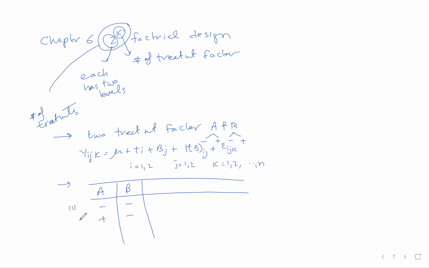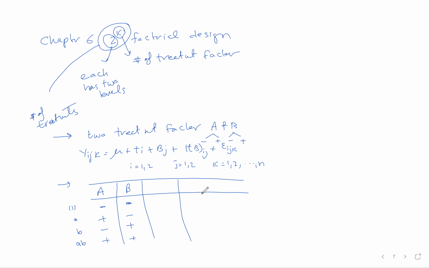So A is high only, so we call it A. The third treatment or the third combination is -1, +1, and we call it B. The last combination, the last treatment, is ++, and we call it AB because both are high. And then we collect data. We test -1, -1. We test low for the 2 treatments, and we calculate or measure the response.